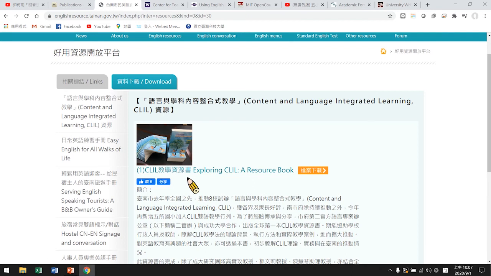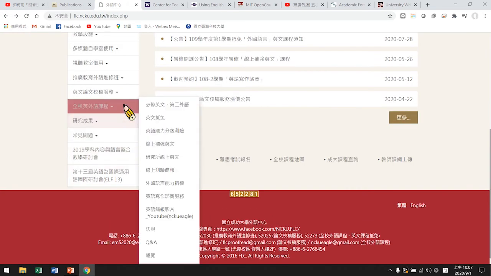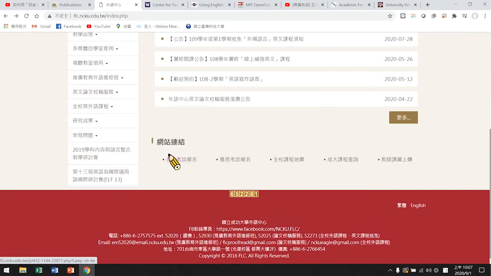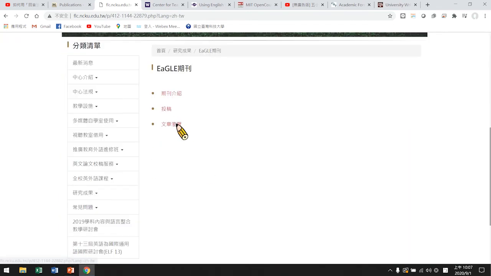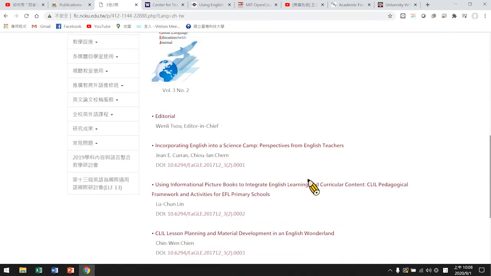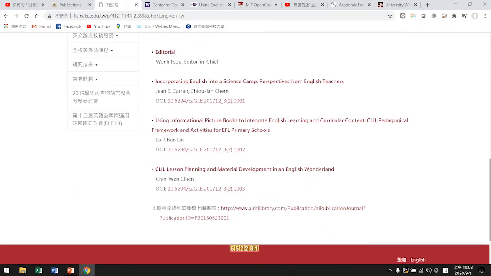it's in Chinese. Fortunately or unfortunately, it's all in Chinese. And they also have a journal here, so it's all free. If you want to read their journals, they have a lot of research, and it's all free. For example, how can you incorporate English into a science camp, and how can you use different methods to teach your subject in English.